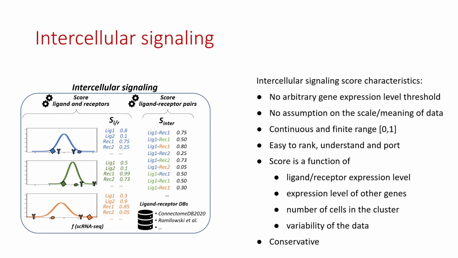The value of the score is obviously a function of the ligand and receptor expression level, but in its computation we also consider the expression level of other genes, so even the number of cells in the cluster and the variability of the data in the cluster have a role in defining the value of the score, such that the reliability of the data is considered during the score computation. This gives the score a quite conservative behavior, as does the choice, for example, of the minimum as the function to compute the ligand-receptor pair score.